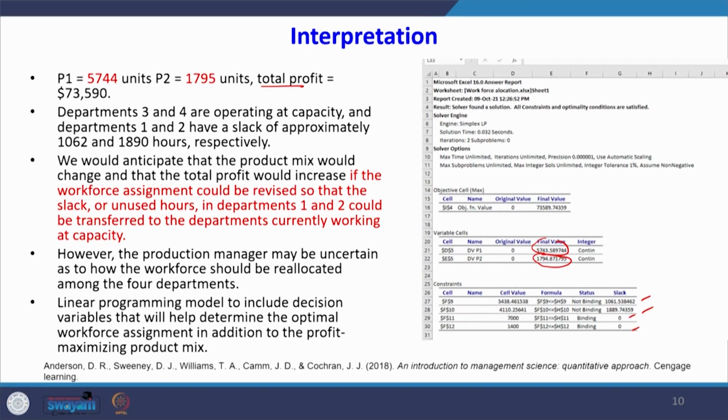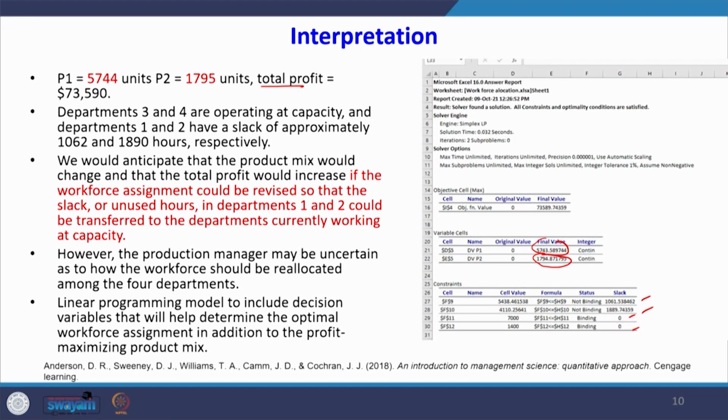So, we would anticipate that the product mix would change and the total profit would increase if the workforce assignment could be revised, so that the slack, that is unused hours in departments 1 and 2, could be transferred to the departments currently working at capacity.